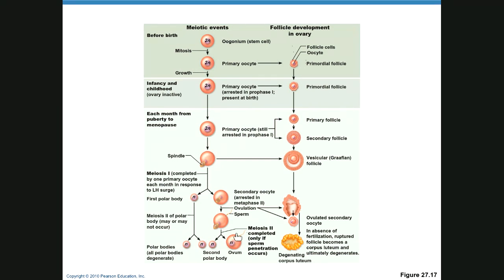Now you see here, this is the vesicle. This is ovulated already, and it has to have been because the sperm reaches it. Now, if you don't have fertilization, the corpus luteum will degenerate, and then another egg starts developing right up in here.